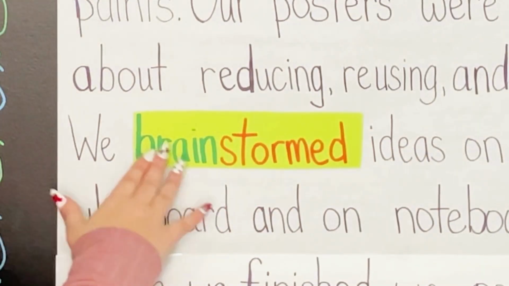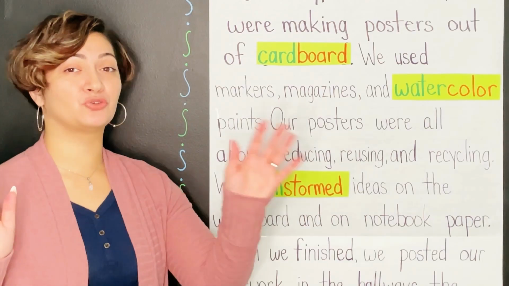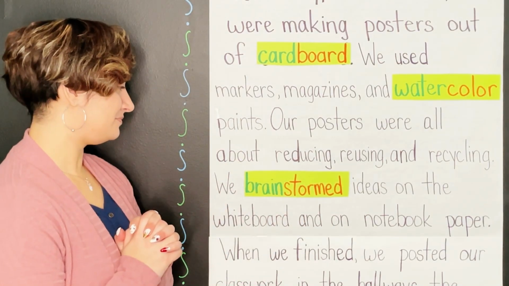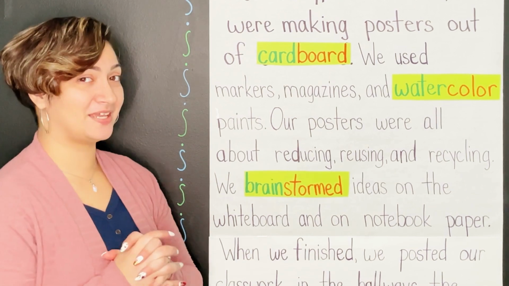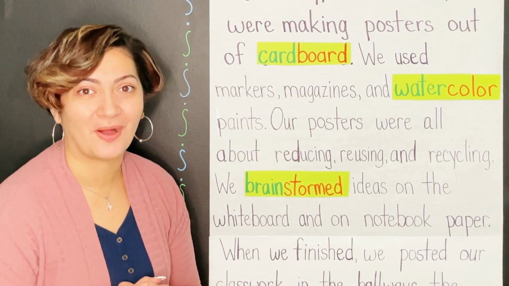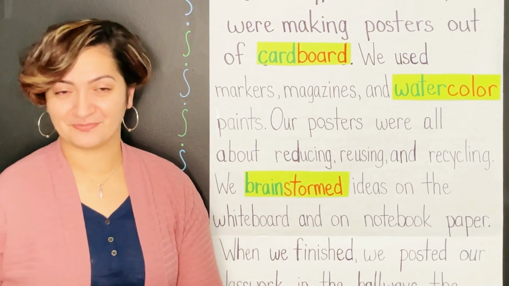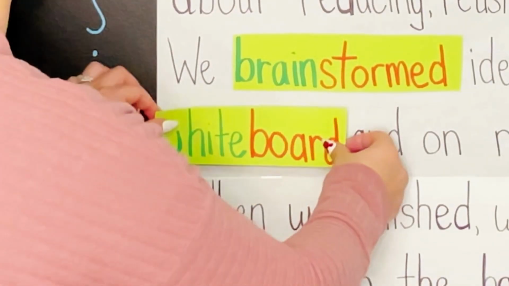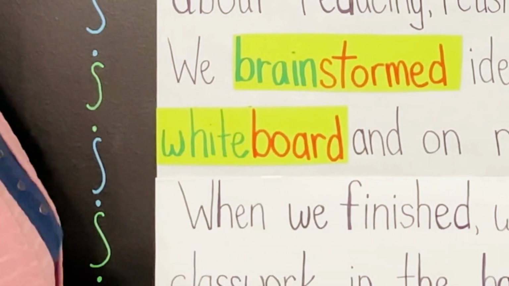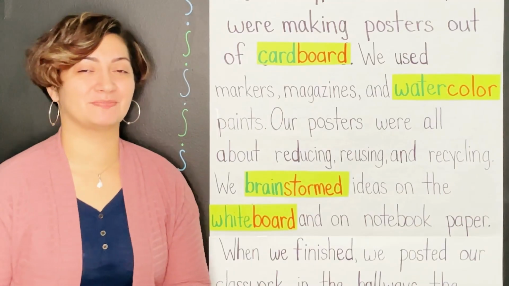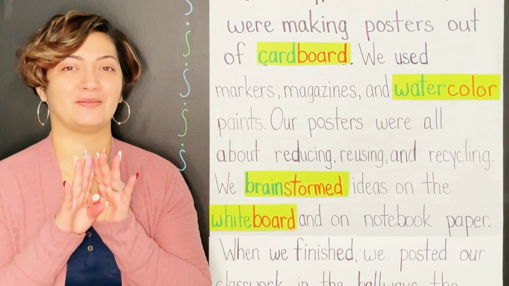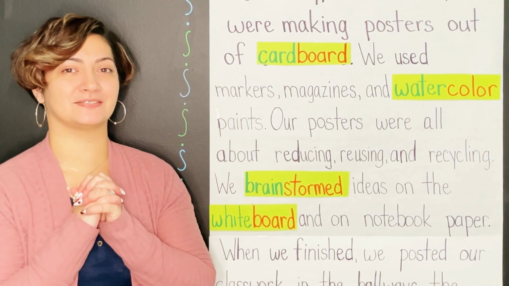We have brain and then stormed, and together brainstormed. Did you see any other compound words in that sentence? Whiteboard, you are right. Whiteboard is made out of white plus a board, and together we have whiteboard. Go ahead and write that down, scholars.